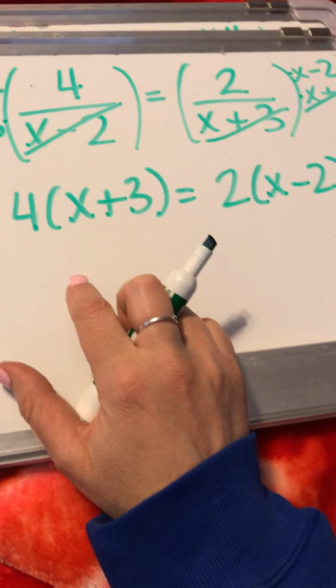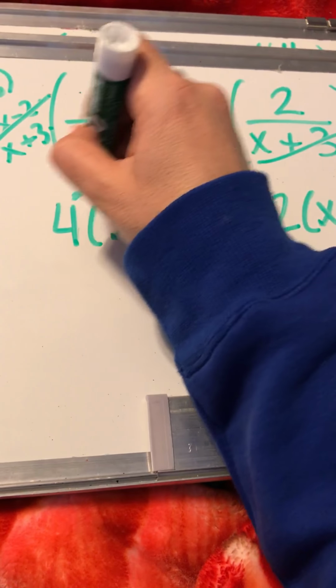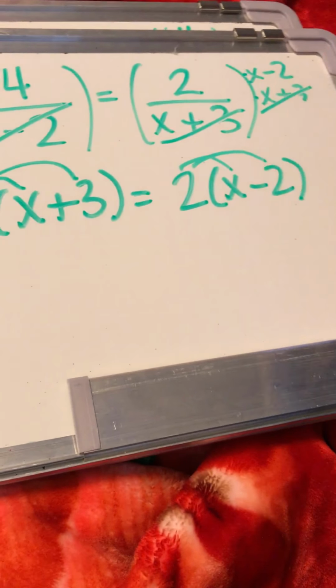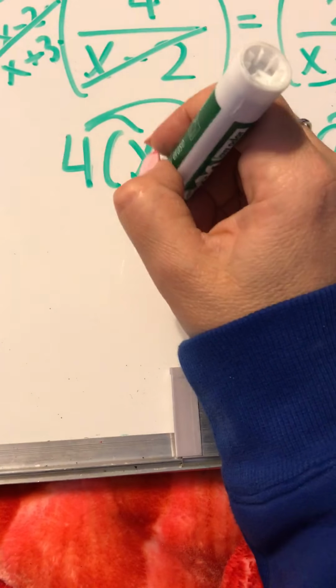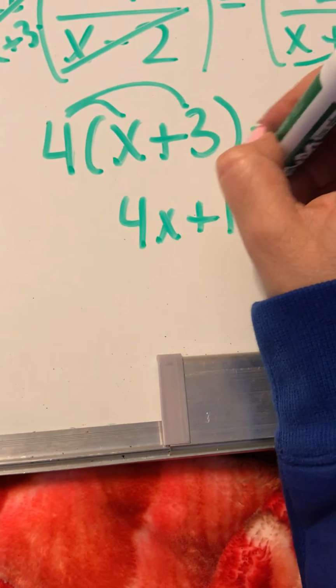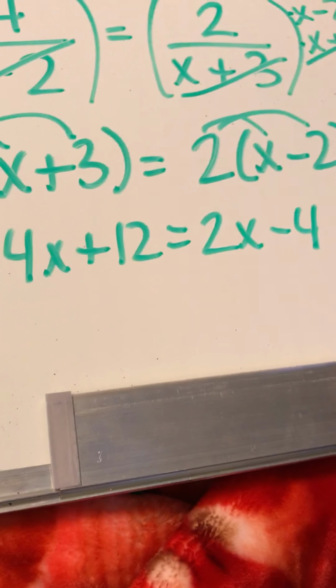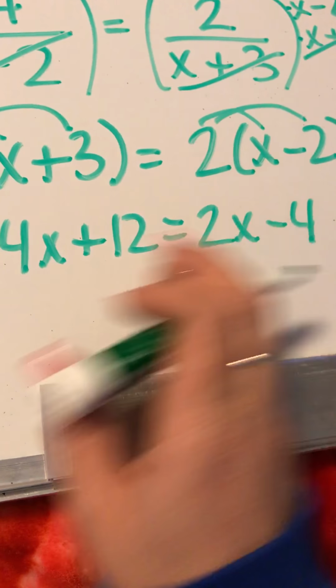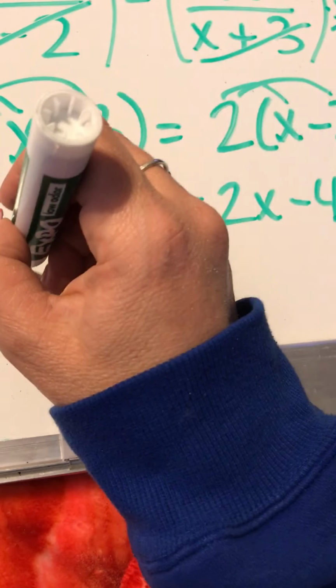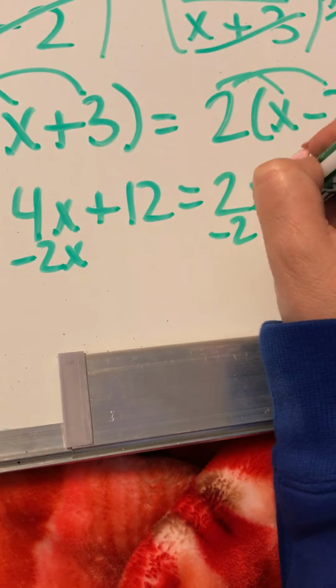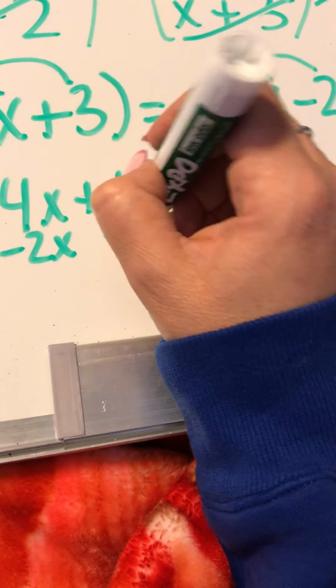Our next step here is to distribute and distribute. So we'll have 4x plus 12 equals 2x minus 4. And just like the last problem, now we want to isolate our variable. Minus the 2x and minus 12.